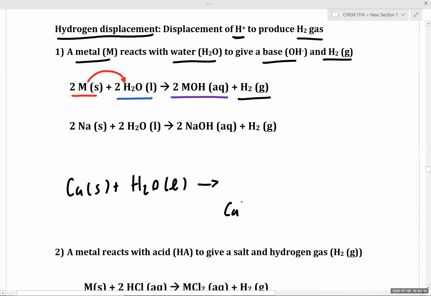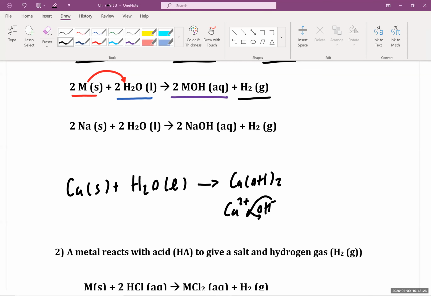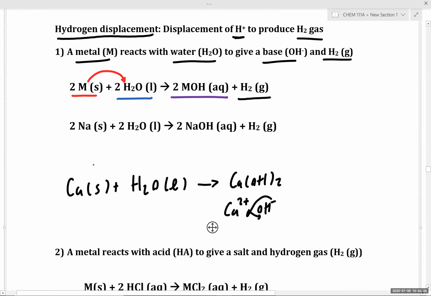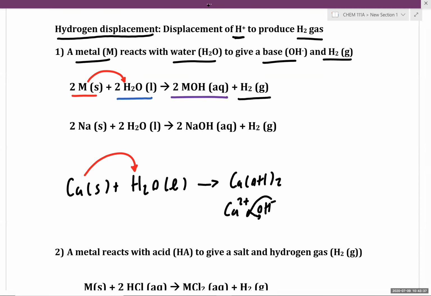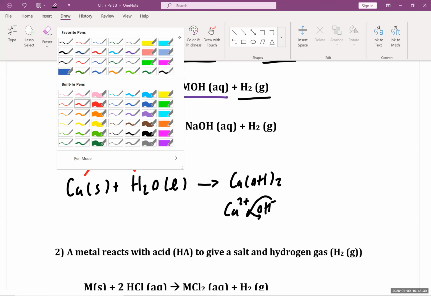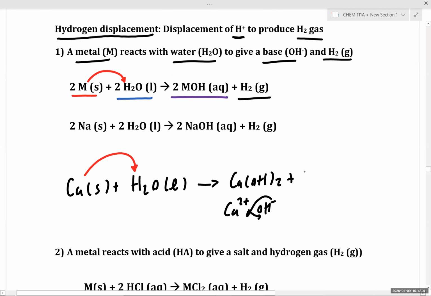So we write out our formula of calcium 2 plus, OH minus. We cross our charges. That gives us calcium hydroxide. Again, in a displacement reaction, our pure element replaces a pure element found in our compound. That in turn gives us a new compound and a new pure element.